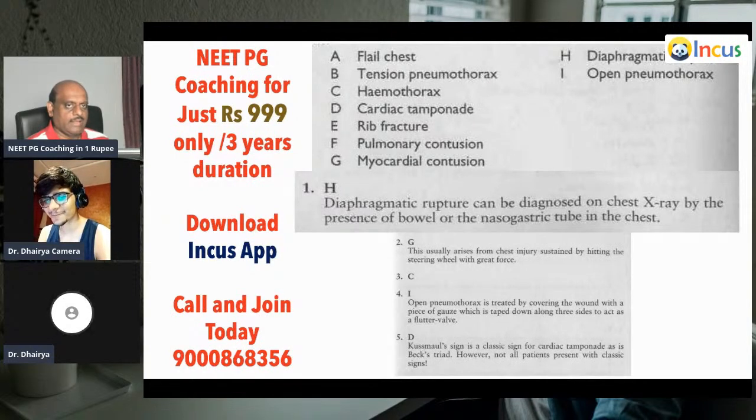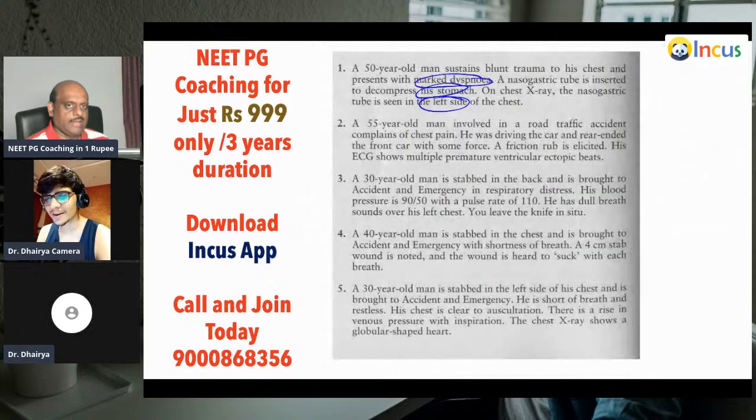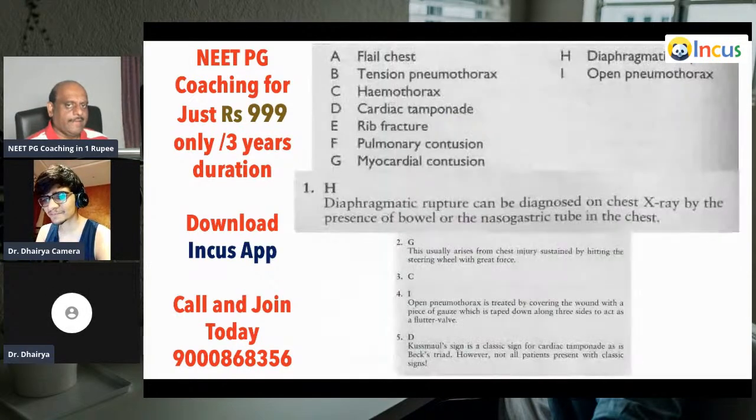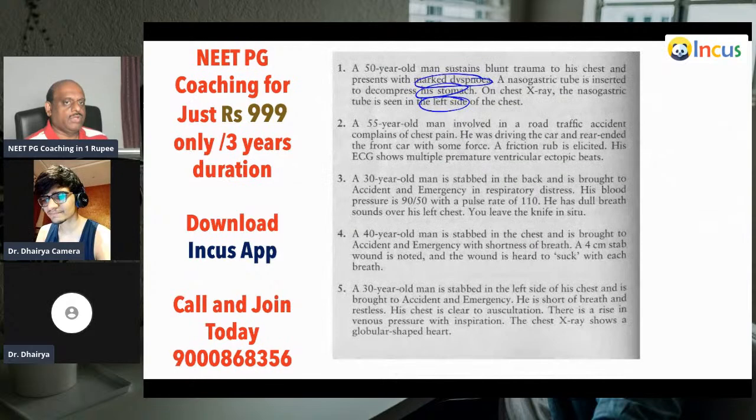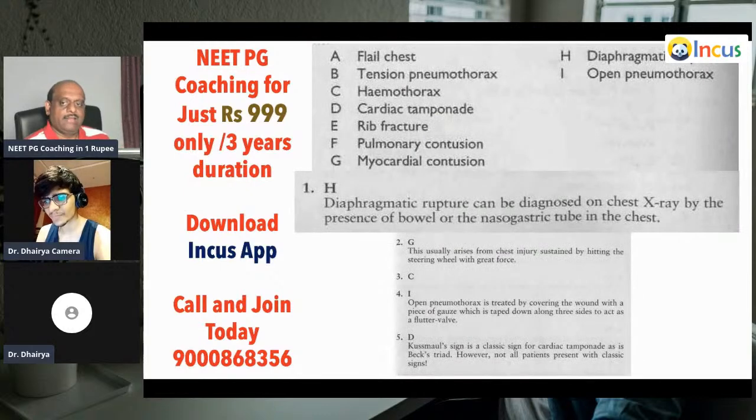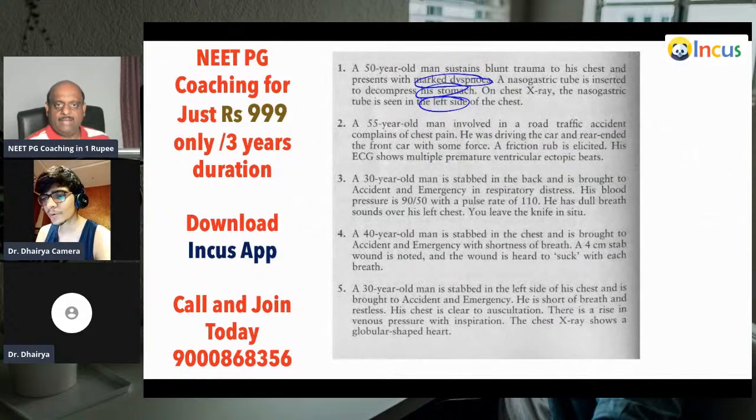It's very simple: you have to remove it and reinsert it. Yes. A good number of times, whenever there is a diaphragmatic rupture, on the chest X-ray there will be a bowel or a nasogastric tube in the chest. That is what we need to keep in mind.